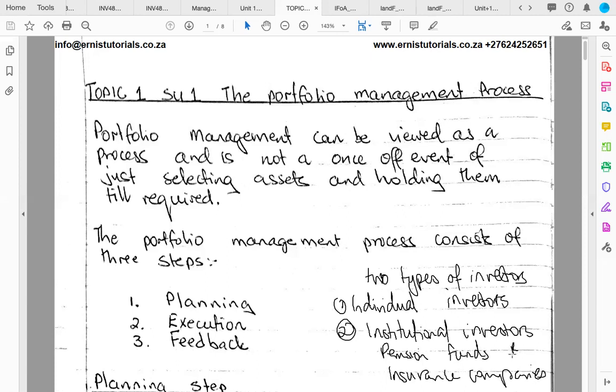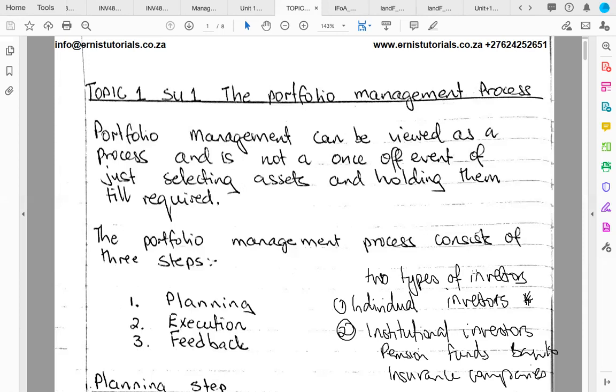Those are institutional investors. Institutions can also invest money into bonds, shares, property, equity, alternative asset classes. And individuals can also invest money into shares, bonds, property, alternative asset classes.